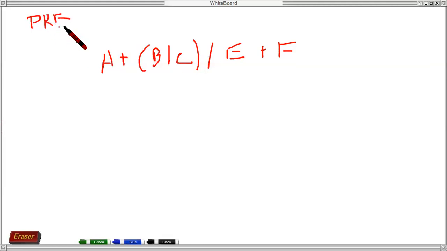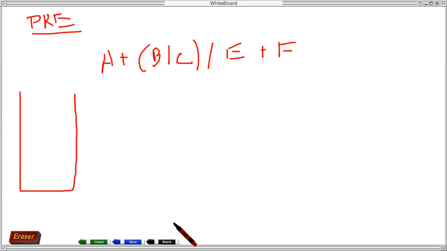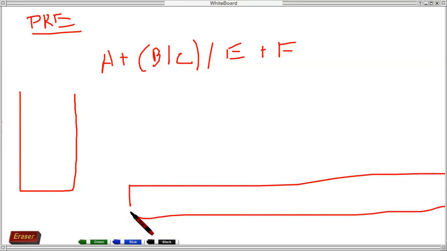To convert it into prefix, we will follow the same format. We will draw a stack out here. To understand it in a better way, we'll draw a box for the prefix expression. And step number 1, we will write the entire expression in reverse order.